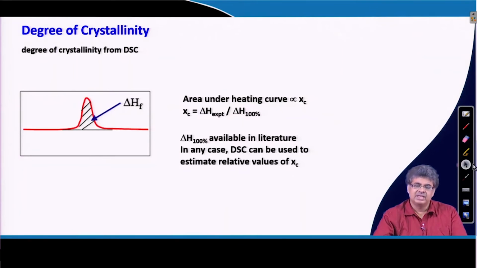We can also use DSC. From the melting curve, from the area under the curve, we can get the value of enthalpy of melting for that particular sample, and if we can calculate the enthalpy of melting for the pure 100% crystalline polymer from the knowledge of crystal structure, then from the ratio we can get the value of degree of crystallinity.